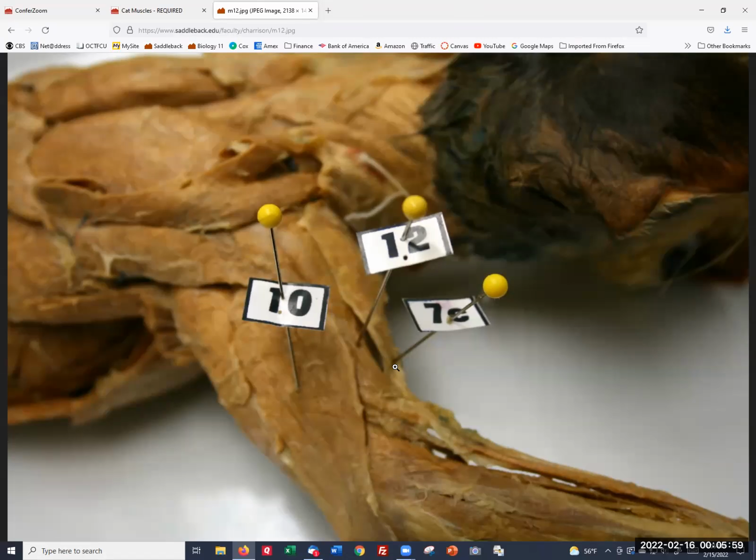This was the clavodeltoides. This was the clavotrapezius up here.